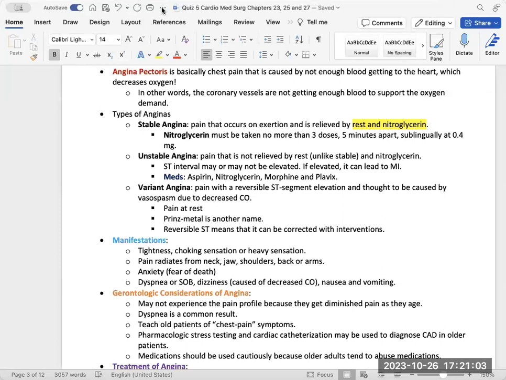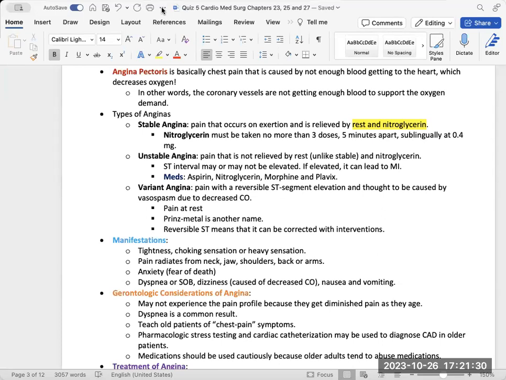That is because you have blood vessels right underneath your tongue, and it's going to work systemically much more quickly. So you give them the nitroglycerin. They take their first dose. They wait 5 minutes. If the chest pain is not relieved, they take another one in 5 minutes. If after 2 of them they still have chest pain, we want them to go to the hospital because it's not stable angina anymore. It might be unstable, and they might be having a heart attack.